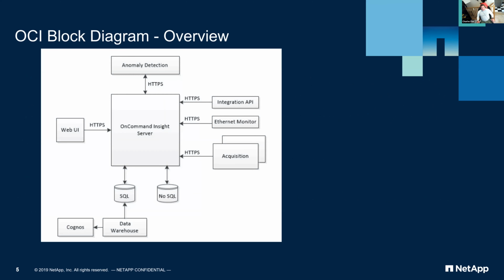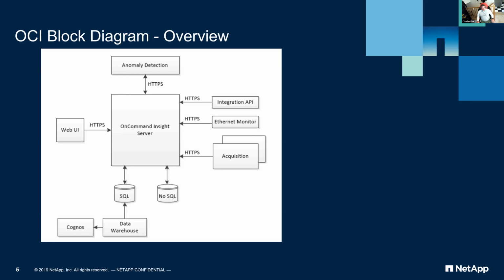Okay, block diagram. This is very simple. I didn't even have color on it. I clipped this out of the OCI documentation, but it does give a fairly simple and straightforward look at the major pieces that make up the OCI system. Obviously, the collection server is the central point.